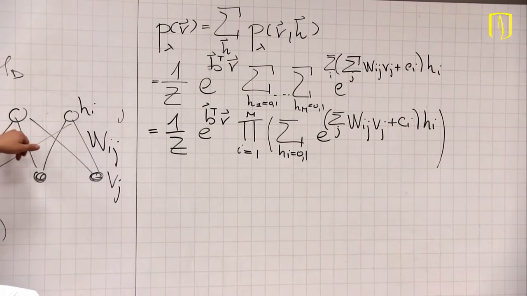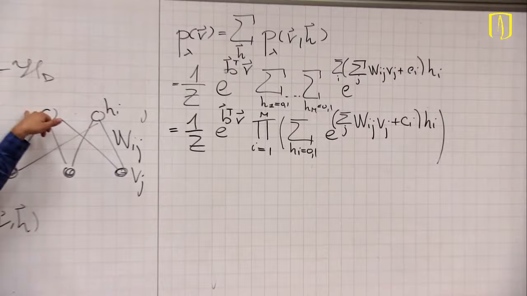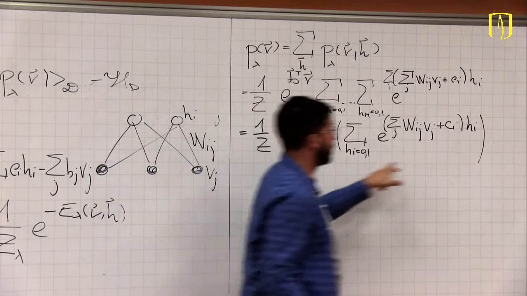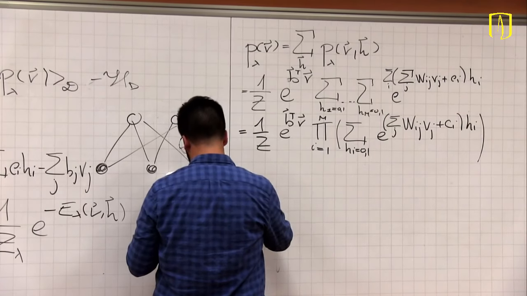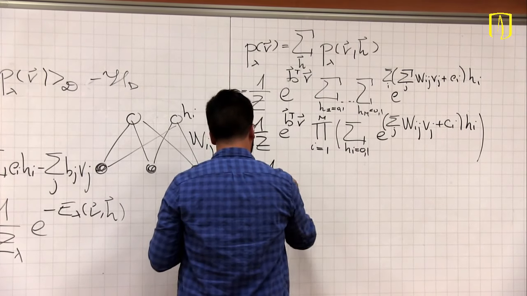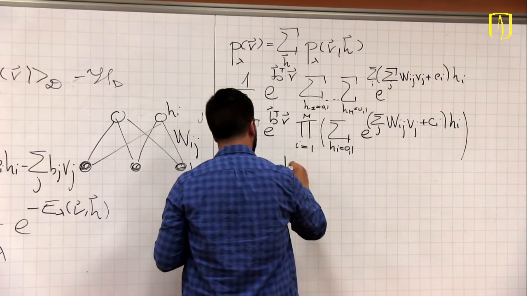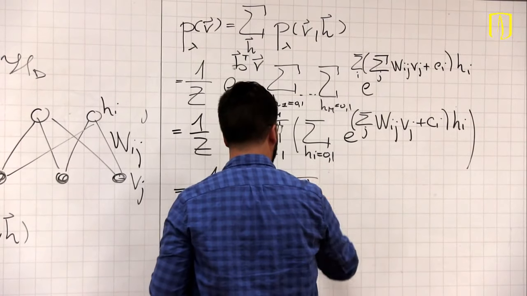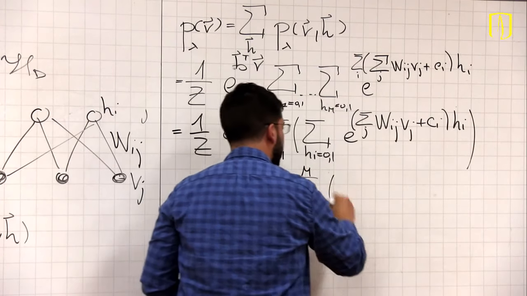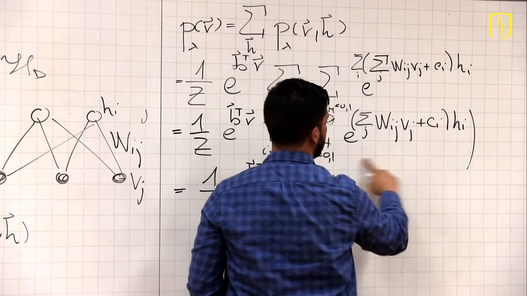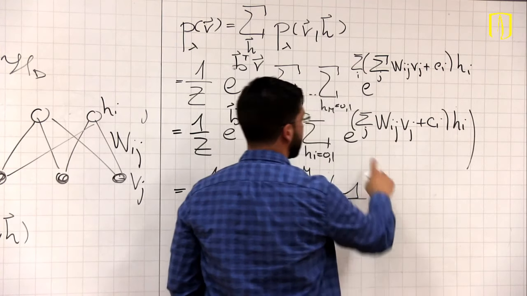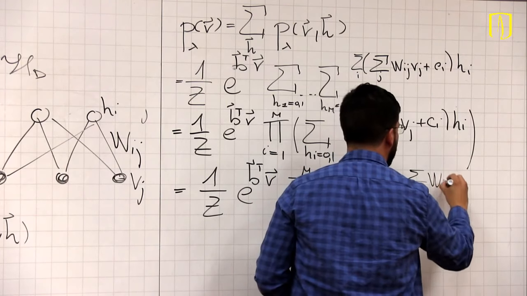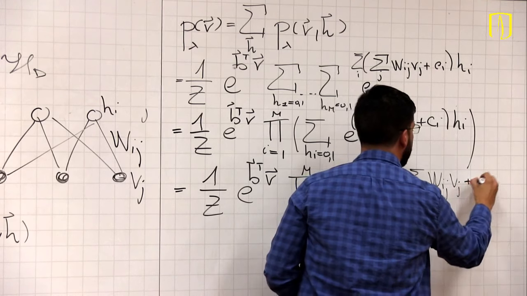And the reason is because the hidden layer units are not talking to each other. If we had some interaction between the hidden layer, then we could not have done that. Okay, so we can do this. It's 1 over Z e to the b transpose V, and then this is just going to be the product over i, and when H is 0, this is 1, plus when H is 1, this is e to the sum over j of W_ij V_j plus c_i.